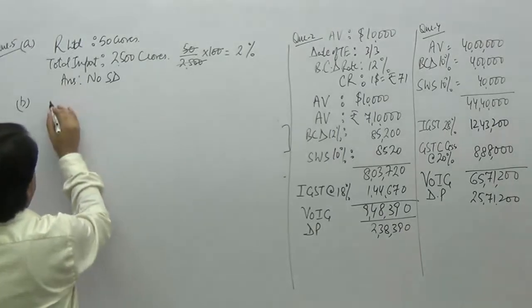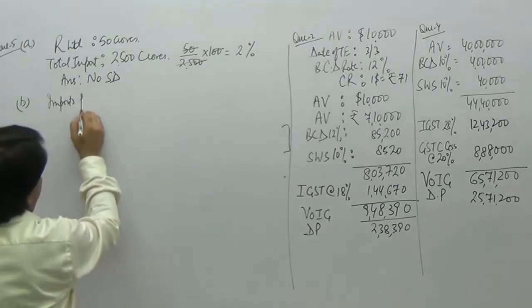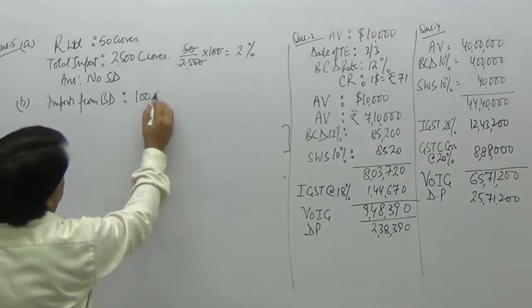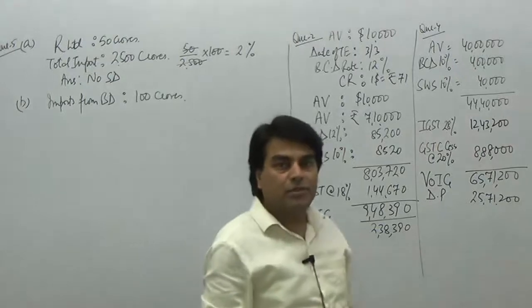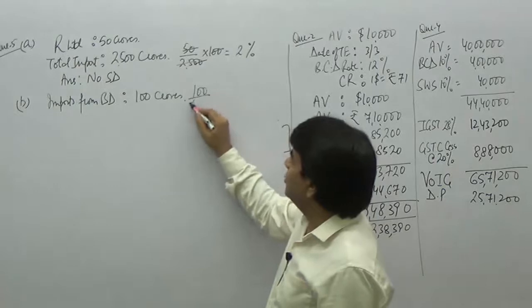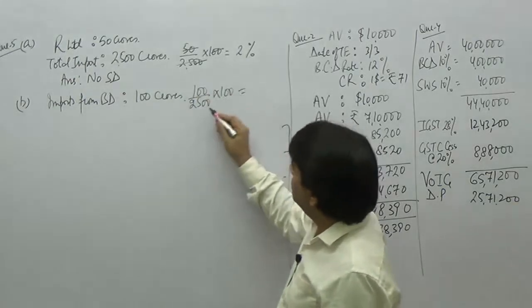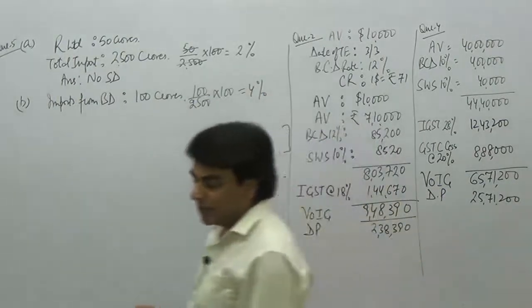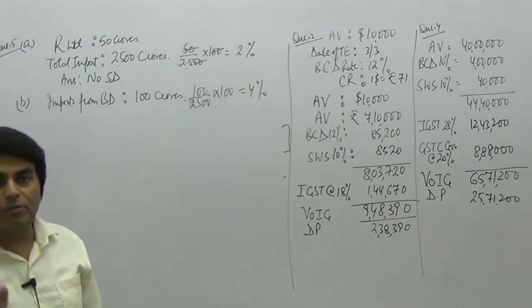R Limited is the importer. Now the imports from Bangladesh is taken as 100 crores. Now if they are 100 crores, please see whether the limit of 3% has been crossed or not. 100 crores on 2500 crores multiplied by 100, this comes to 4%. So that means the limit of 3% is crossed. It means now yes, we would impose safeguard duty on the imports from Bangladesh.